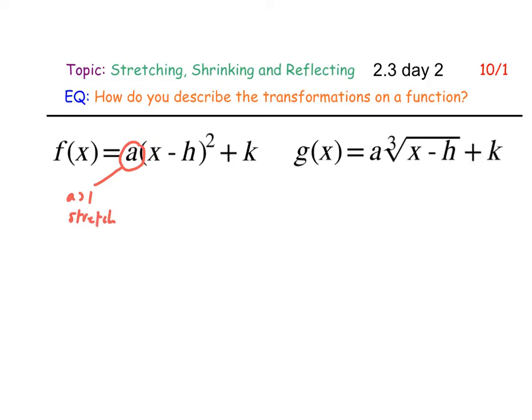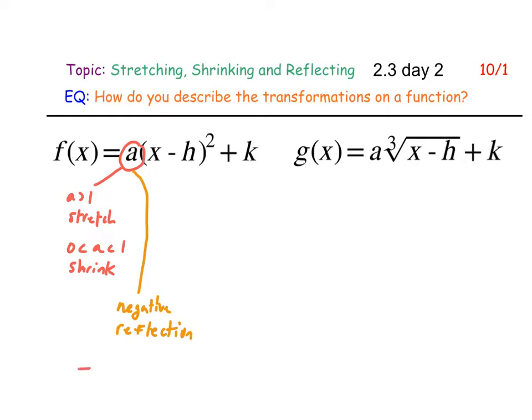And if A is between 1 and 0, so those fractions and decimals, that's going to be your shrink. And then the other job that A has is to reflect. If A is negative, then that's a reflection.